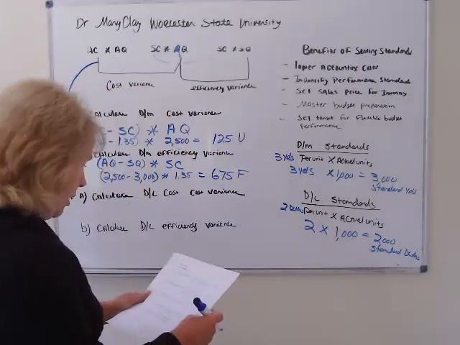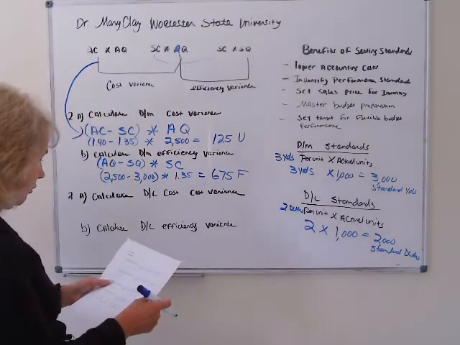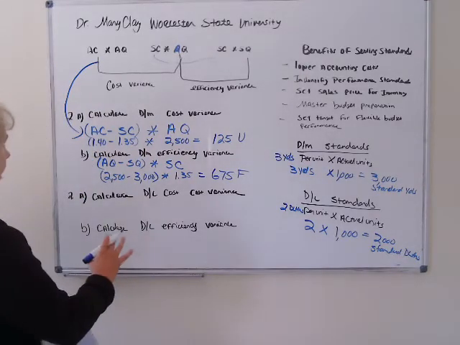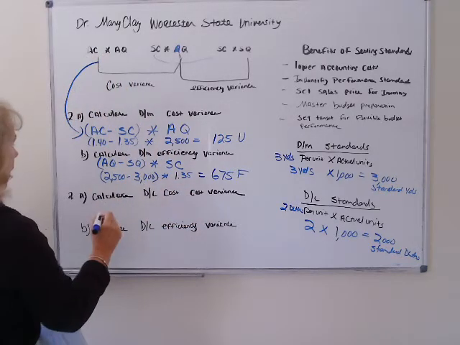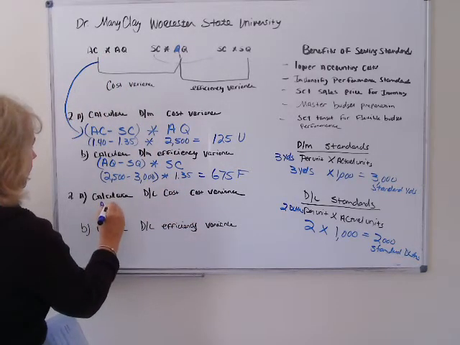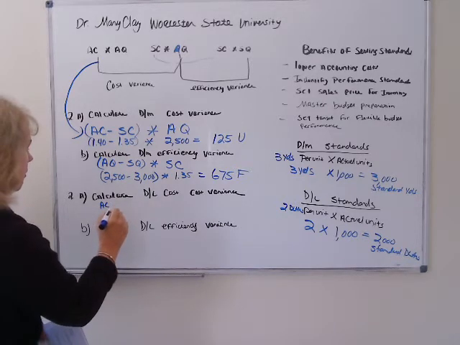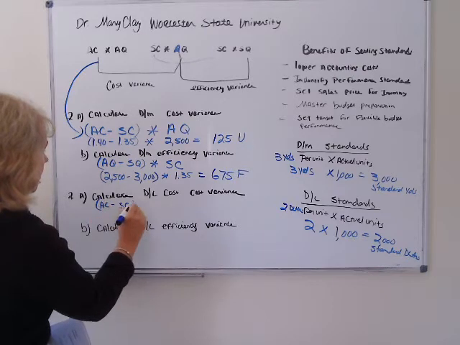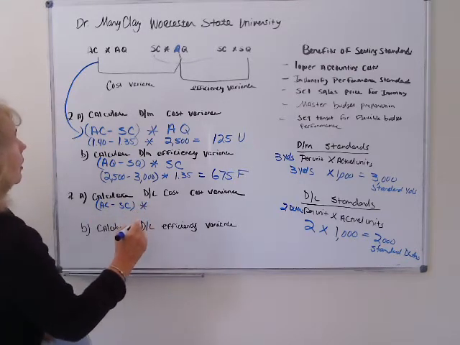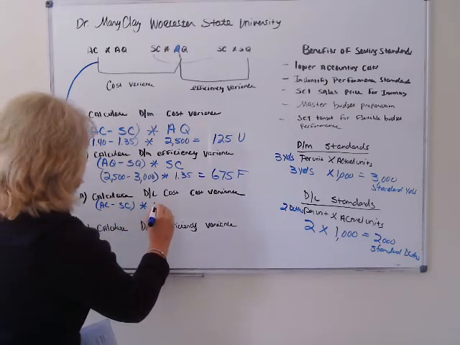Okay. Now we're going to do the direct labor cost variance. Again, I'm going to work right from here. So I've got my actual cost minus my standard cost. Then I multiply it by the actual quantity.